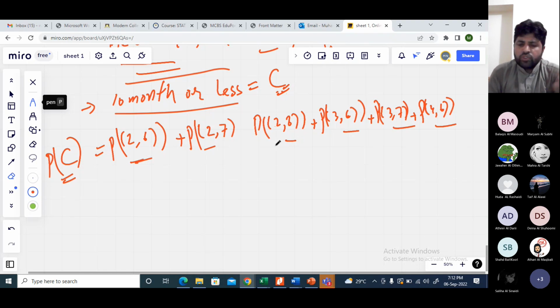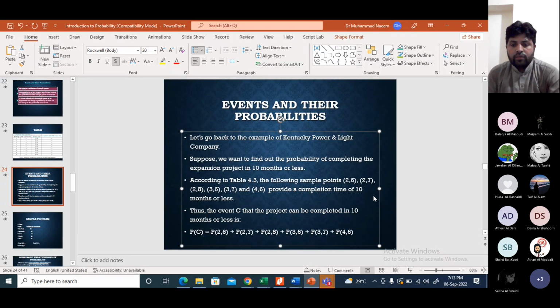Okay. So how do we calculate the probability? Do you know? What is important if we want to calculate the probability is the total experimental outcomes.